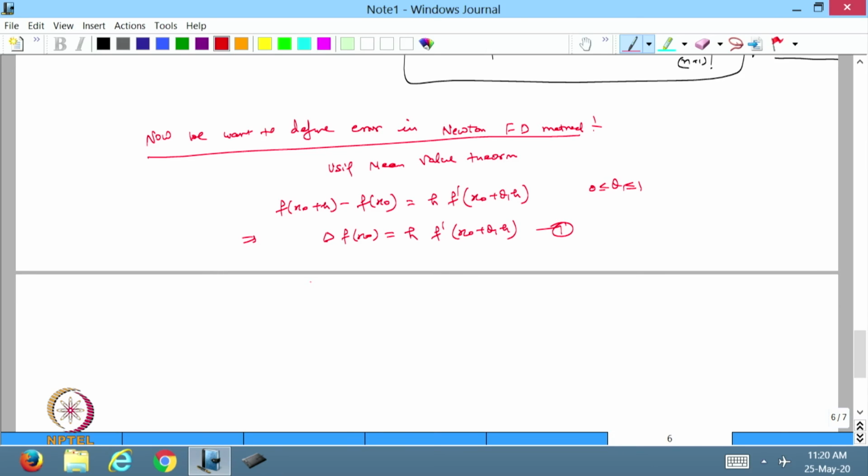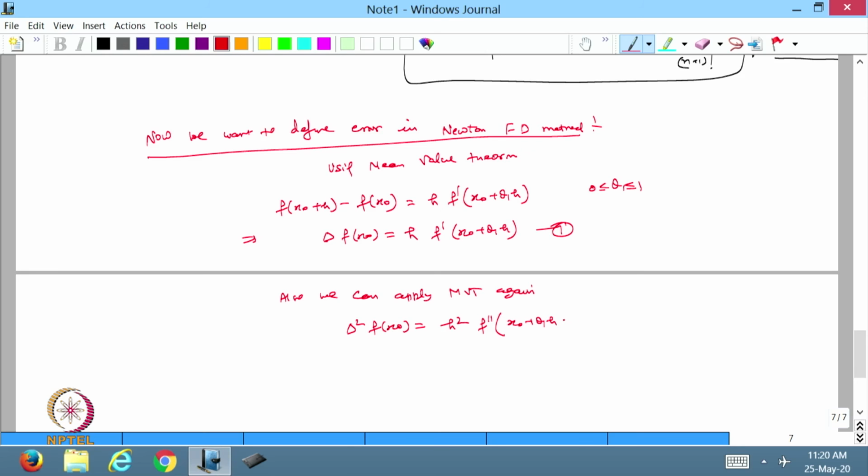Now, we can apply the mean value theorem again, and in that case I can write that f dash x naught can be written as h square f dash x naught plus theta 1 h plus theta dash h, where theta 1 and theta dash all lie between 0 and 1.